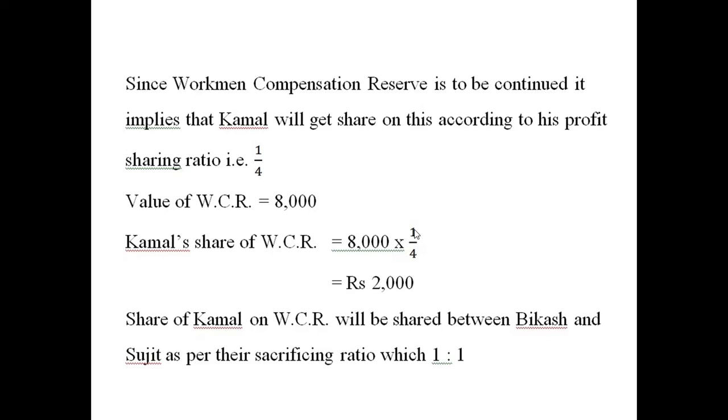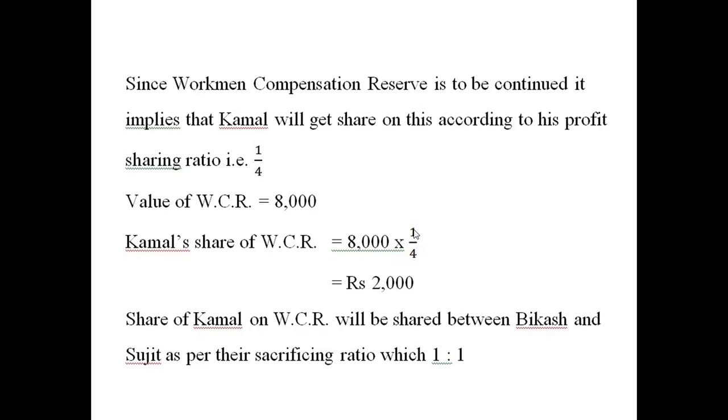So Kamal will also get his share on this, isn't it? Kamal is coming for 1/4 share, so the amount of WCR is 8,000. After the admission of Kamal, he will be sharing 2,000 out of this 8,000. So the amount of Kamal's share of WCR will be 2,000, isn't it?